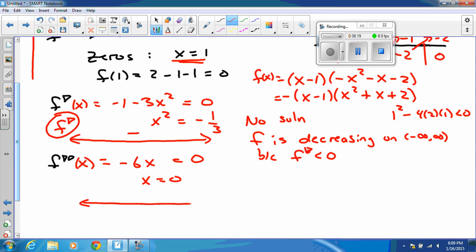And now finally, we have the information that we can get from f double prime. f double prime is the derivative of f prime, which is negative 6x. I'm going to set that equal to 0 as well to find the critical points, and I get x equals 0 as a critical point.